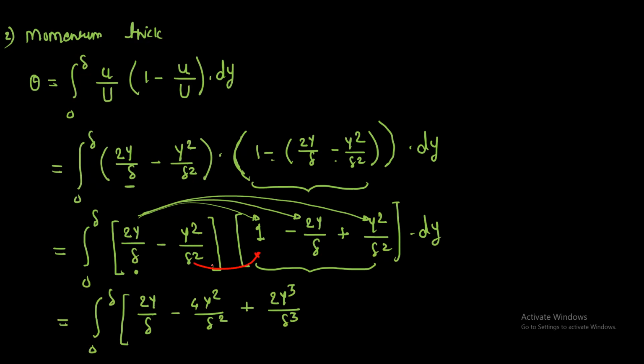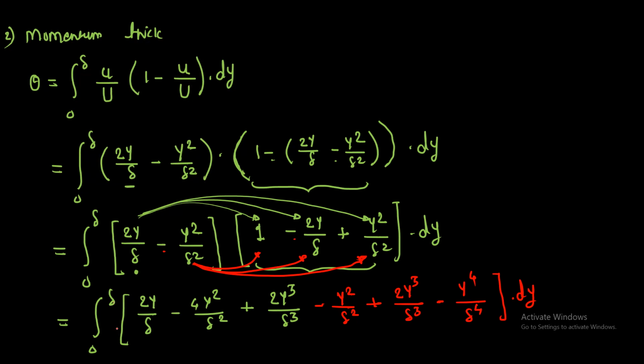So first this multiplication, and this multiplication. So first we have minus y square upon delta square. Next this is minus, so it is plus, so this is y square and this is y, so it is 2 y cube upon delta cube, and this is minus, this is plus, so it is minus y raised to 4th divided by delta raised to 4th, okay, into dy. Now we have to integrate this.